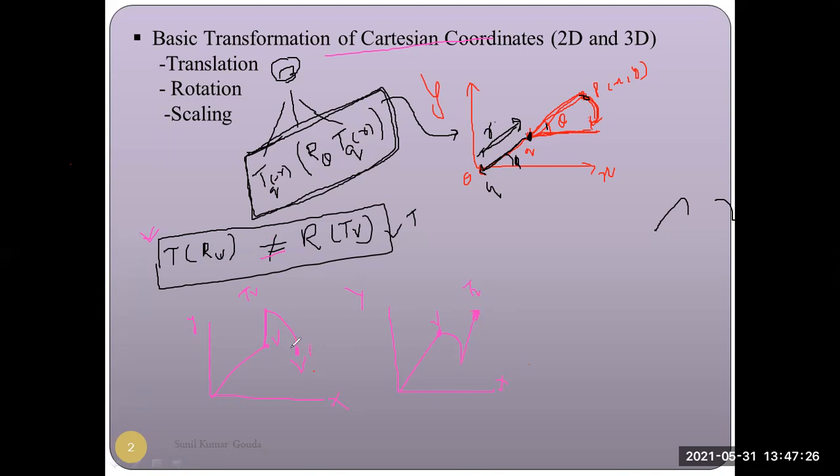Now you can observe that the coordinate of this V dash, x dash and y dash, is different from the coordinate of this x dash and y dash. Fine. So we can say multiple transformations of Cartesian coordinates are non-cumulative. That means this is true for every multiple translation.